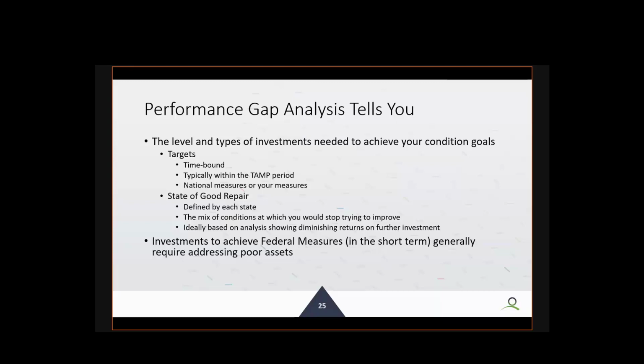And that's your desired state of good repair. You'll also get from this an idea of what investments it takes to achieve those targets and desired state of good repair. But there's a few other things that you want to keep in mind before you just settle in to say, oh, we could close this gap by investing this much funding in the short term.